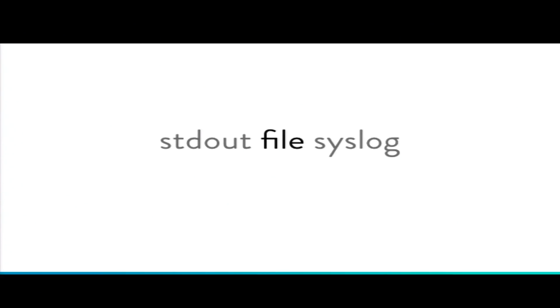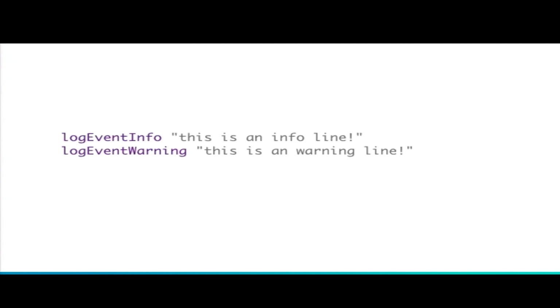Logging is very similar. Just like any other language, you can log to standard out, log to a file, log to syslog. In our case, we have all of our services logged to syslog. And logging is pretty much the same as it'd be in any other language. So in this case, we're going to log an info line and then log a warning line.